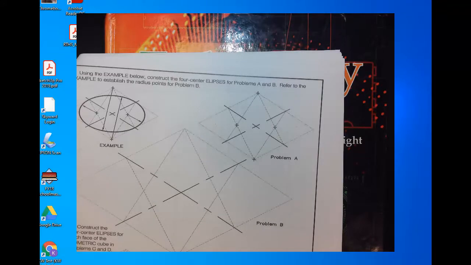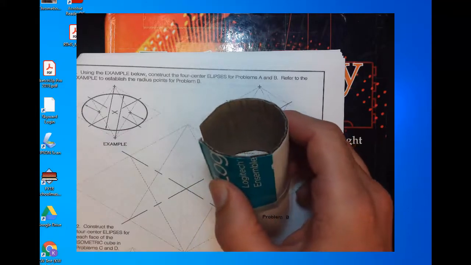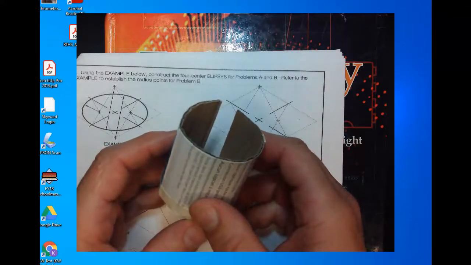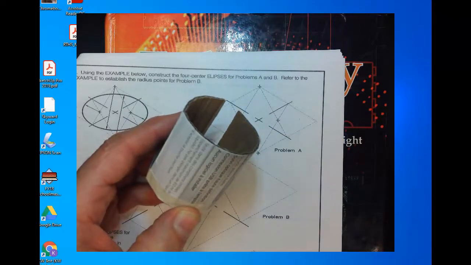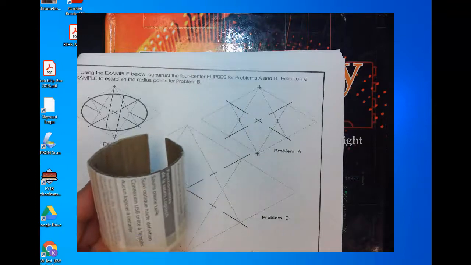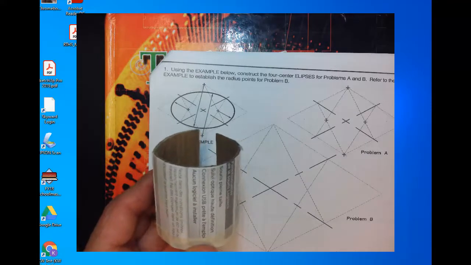So it's as if we're looking down on a cylinder. So here's a cylinder, okay, and I'm not sure how well this will work, but if I turn the cylinder at an angle like that, you can see that looking at a cylinder looks like an ellipse.